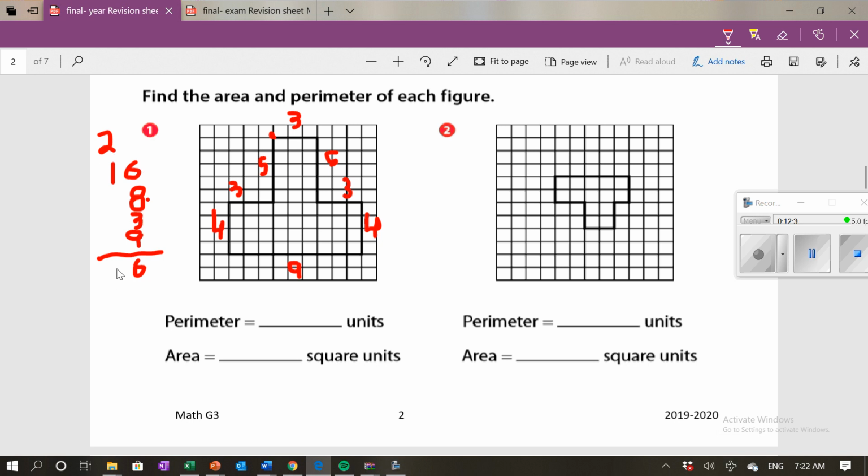It is 2 plus 1, it will be 3. So here the perimeter is 36 units.